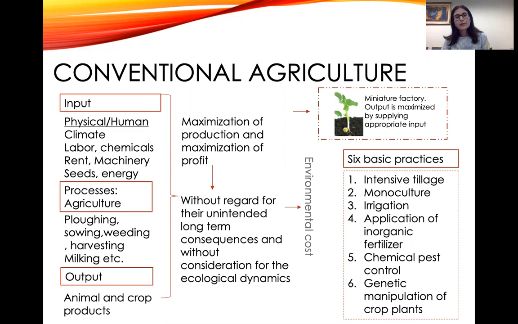So practically, we're looking at agriculture, and in the process of agriculture, at a crop or a tree, we're looking at it as a miniature factory. And we're expecting that miniature factory to produce similar products. So if you speak to, for example, an airline company and say that I want to give you or sell apples to you, they would have their own requirements: this color, this size, this shape, XYZ numbers.